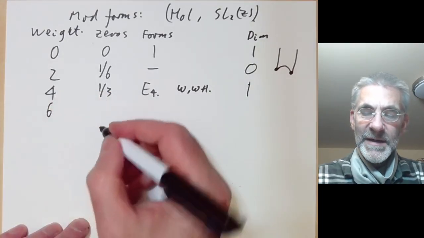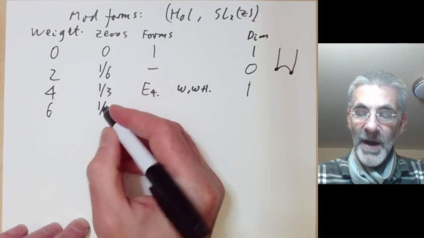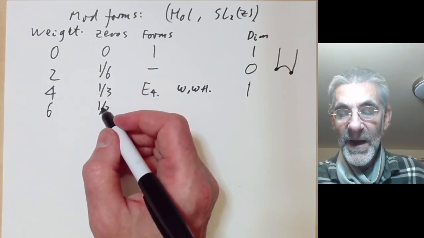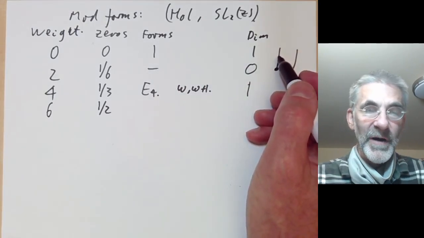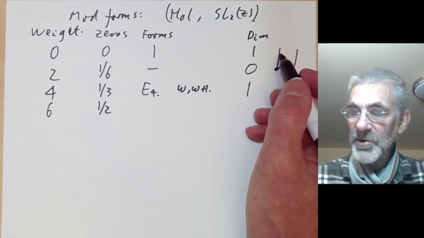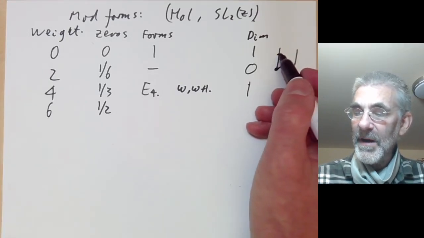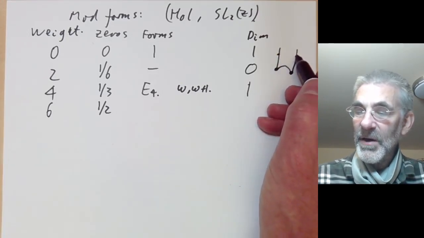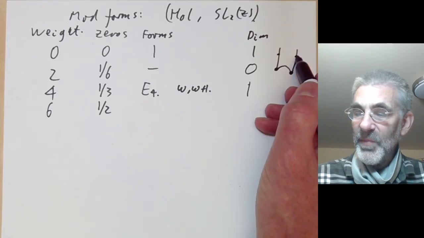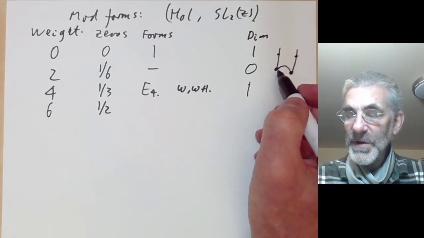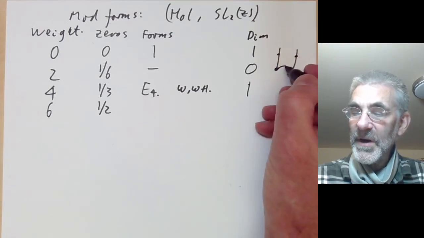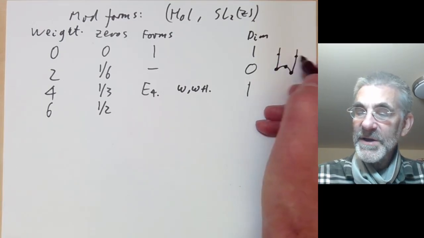Weight 6 is kind of a bit similar. Here we want half a zero, and how can we get half a zero? Well, you might think anywhere on the boundary will give you half a zero. Well, that's true. The only trouble is if you take a point here, it will have half a zero, but you'll also get half a zero from the other point corresponding to it on the boundary. So every point on the boundary except for omega, omega plus 1 and i corresponds to another point.